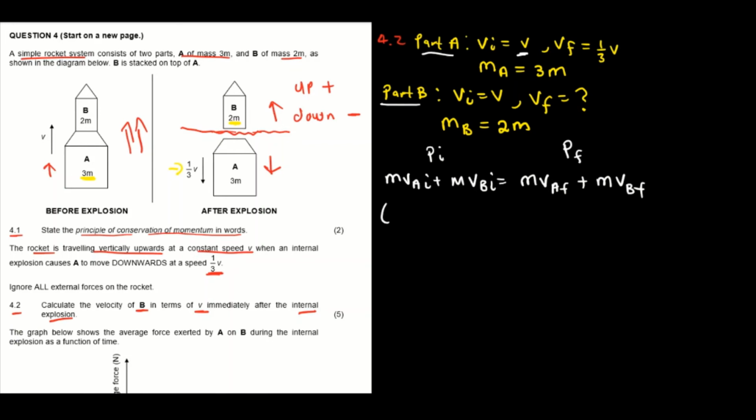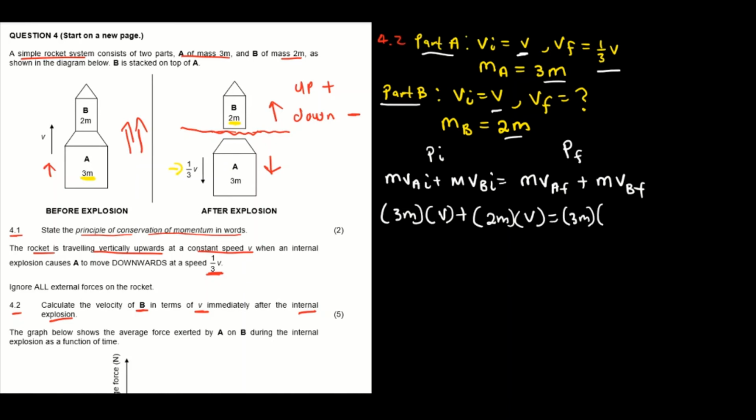The mass of part A is given as 3m, and the velocity of part A is given as v, plus the mass of part B, 2m, with velocity v, equals the mass of part A, 3m, and the final velocity of part A, which is given as 1/3 v.